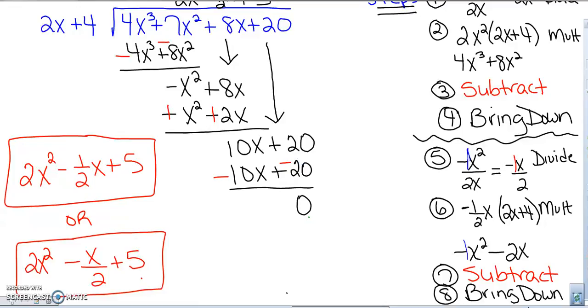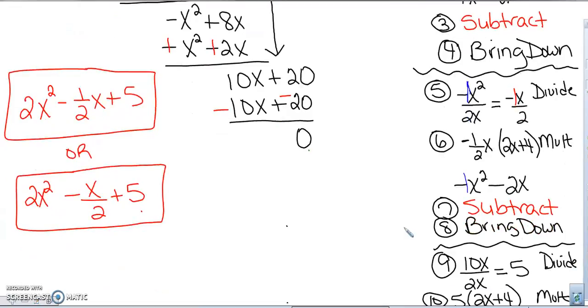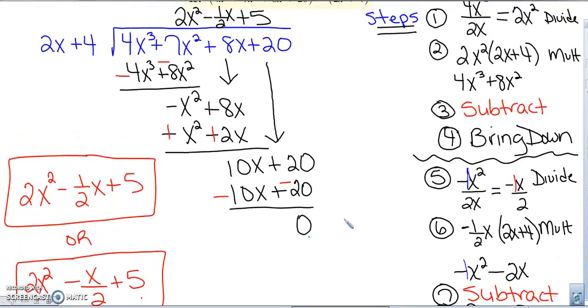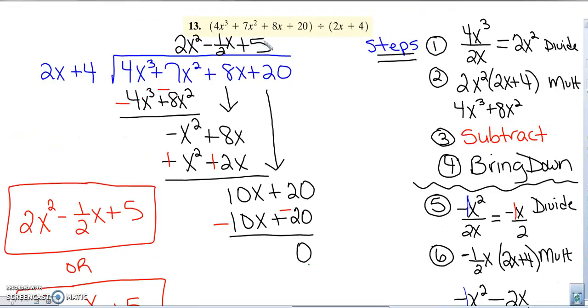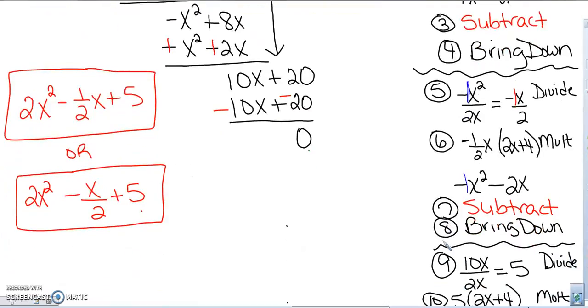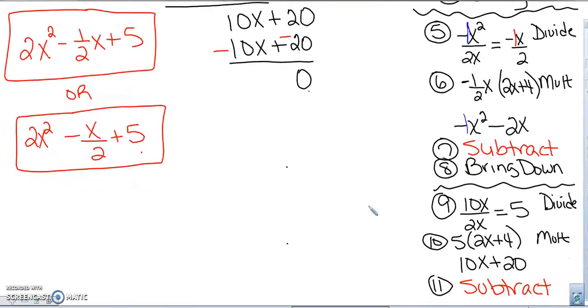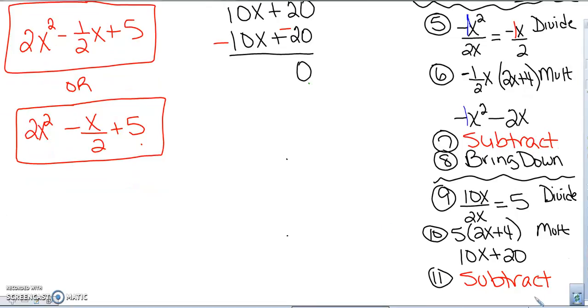process again. So we're going to divide 10x by 2x. We end up with a 5. So we're going to put that 5 at the very top here and then multiply this 5 times the entire divisor. So when we do that, we end up with 10x plus 20, which I write here. Next step is to subtract, so I change the signs to their opposites.